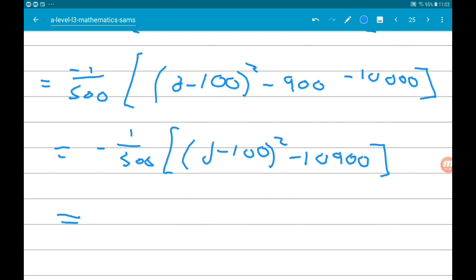It can't get inside of the squared brackets, so all it's going to do there is sit on the outside. What it is going to do is multiply the minus 10,900. So, 10,900 divided by 500 is 21.8.